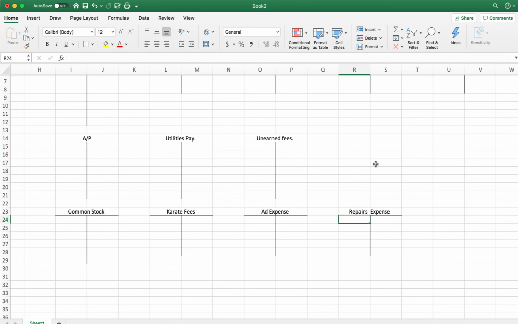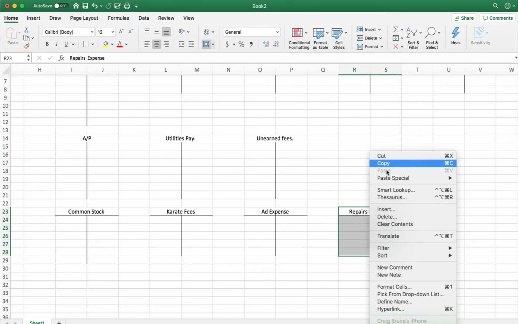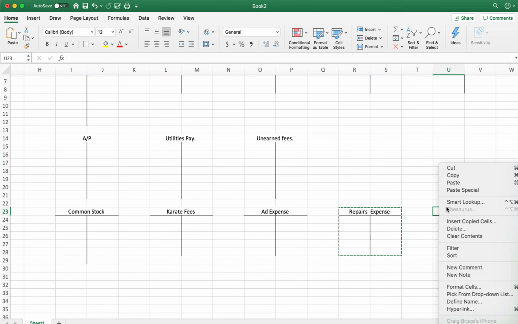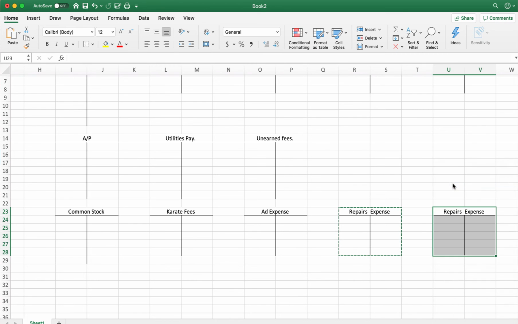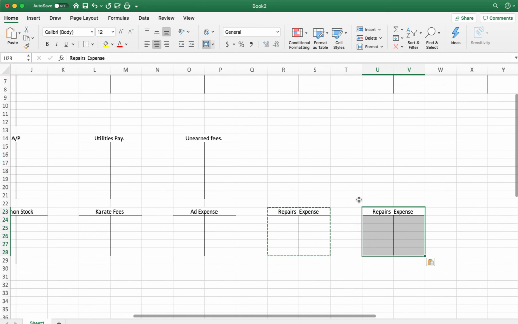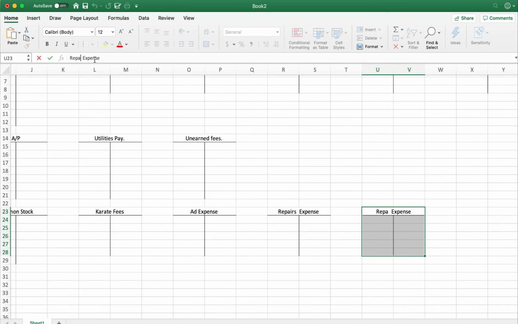And that's typical for a company. If maybe they need to repair a building or a piece of their equipment, or something like that. So repairs expense is something you'll commonly see in a business.